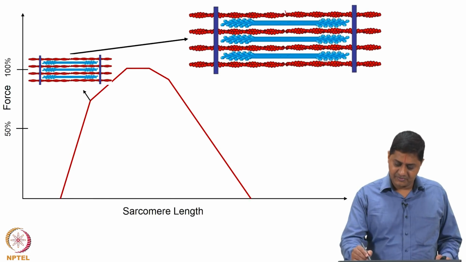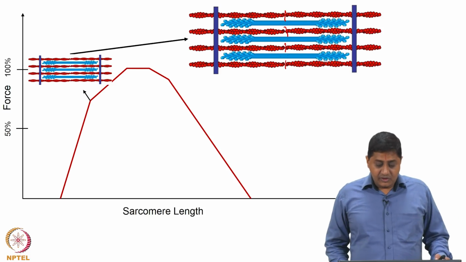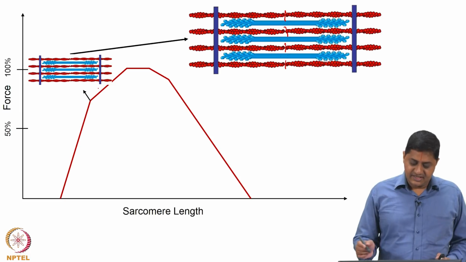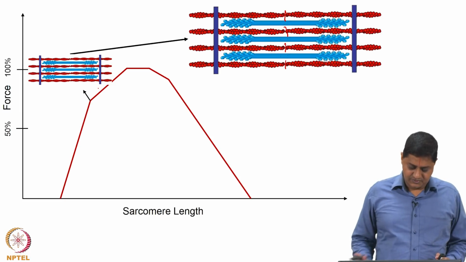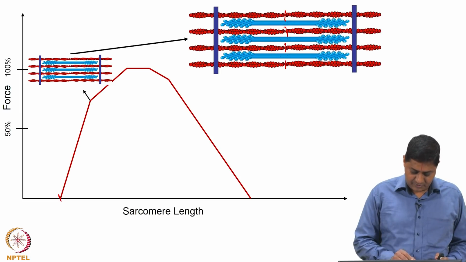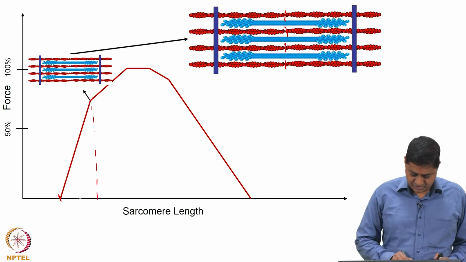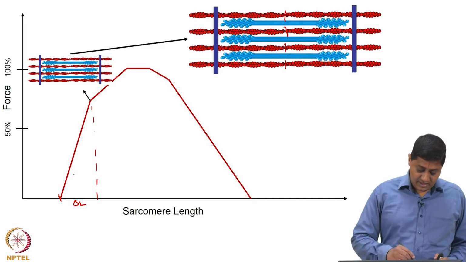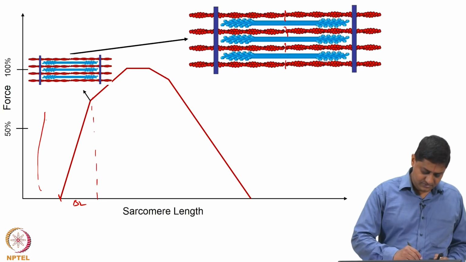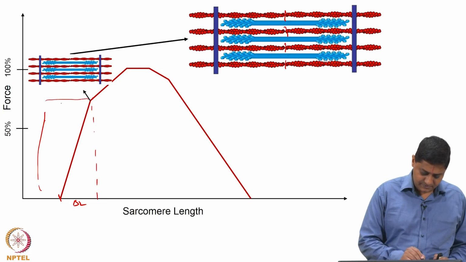So, here is the tip of the actin filaments, right. Now, around here the force increases as the length increases. So, the length has increased from that point to that point. That is the change in length, whereas the change in force is that much.